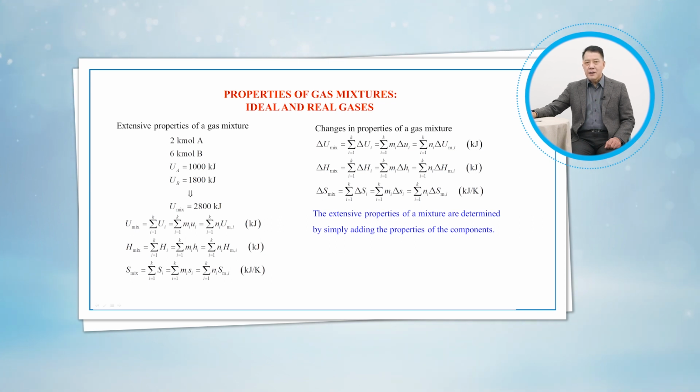By following a similar logic, the changes in internal energy, enthalpy, and entropy of a gas mixture during a process can be expressed respectively as. The extensive properties of a mixture are determined by simply adding the properties of the components.